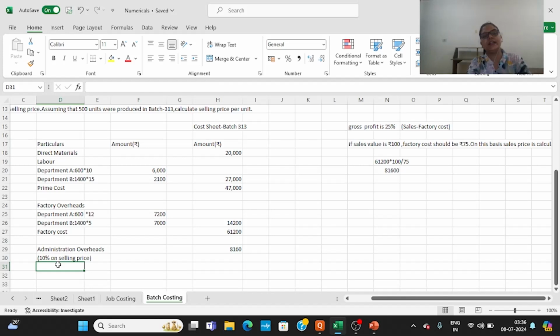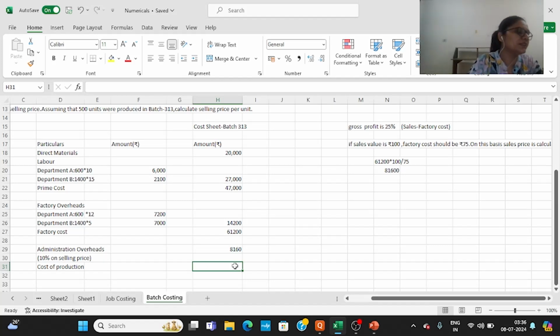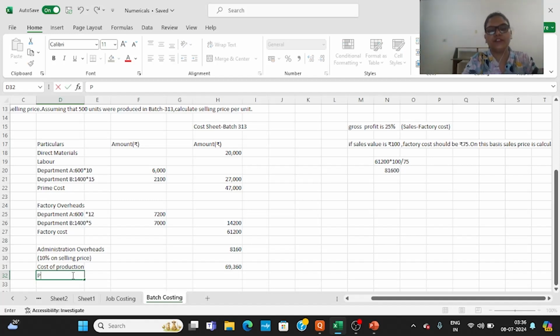And after adding administration overheads in factory cost, we all know we get the cost of production. After adding factory cost plus 8160, we will get 69,360. Now profit is 15% on selling price.